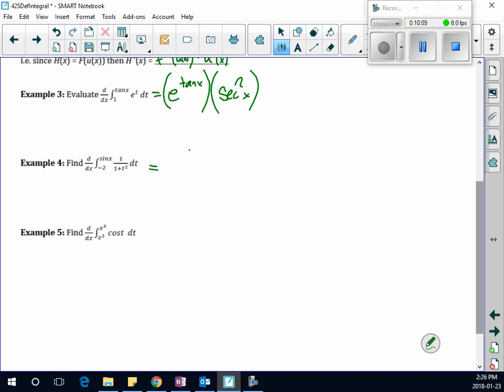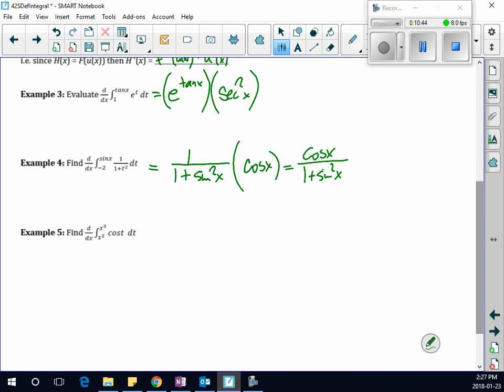So we get 1 over 1 plus sine squared x times the derivative of the top, of this upper limit, which is cos x. So this might be simplified to be cos x over 1 plus sine squared x. No, we don't have to find the derivative of t squared here. Okay. Yeah, no, that goes directly in.